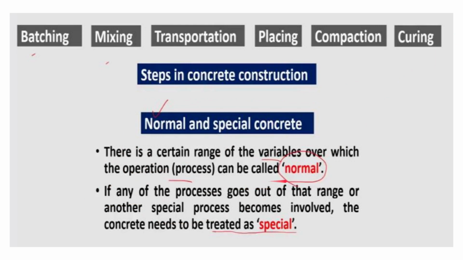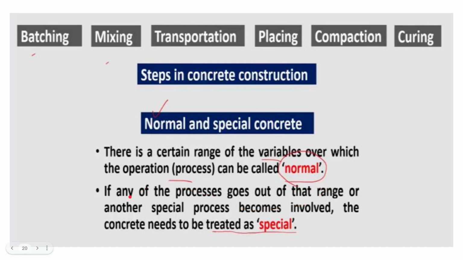If you check the codes, for example in our case IS 456 or even IS 10262 mix design, there are some parameters beyond which we cannot vary, because those are the ranges for a concrete to be called normal.